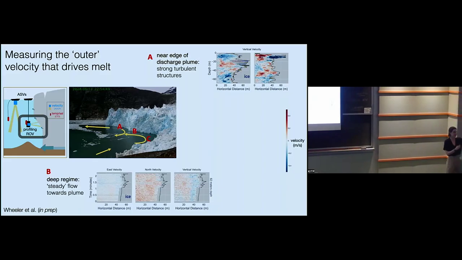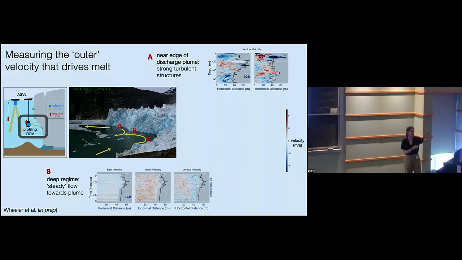And we do find that the kinetic energy in the upper water column is much higher than down deep, except in the subglacial discharge plume. So across the whole terminus, there are overall higher velocities and presumably higher melt rates towards the surface, in this case. I think likely because you have the most internal wave energy and eddies and recirculations in that surface layer.